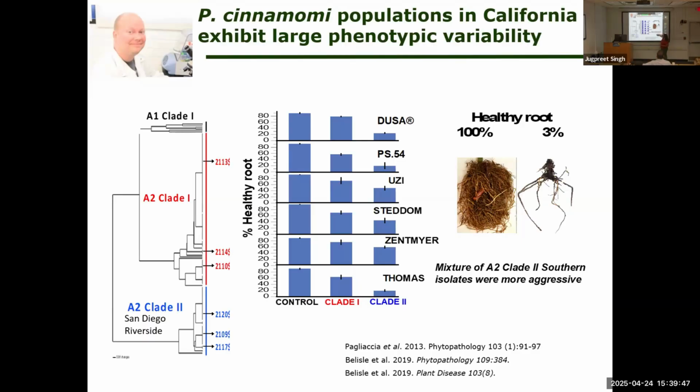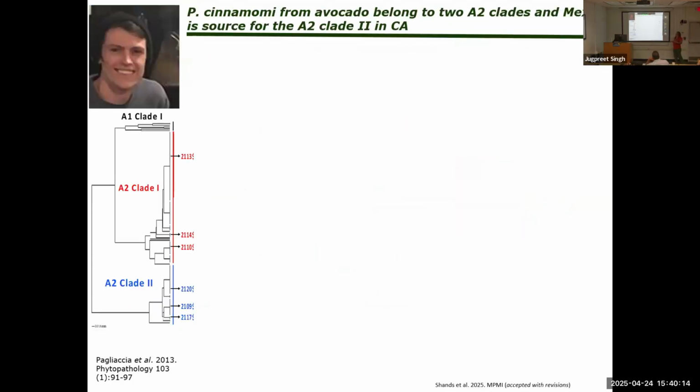But when you use a mix of more virulent isolates, look, Dusa has less root health, becoming susceptible, like Thomas. And the new rootstocks, which were selected with isolates from these areas, are holding resistance. So you have to keep changing, because the pathogen changes. That's why it's always complicated.